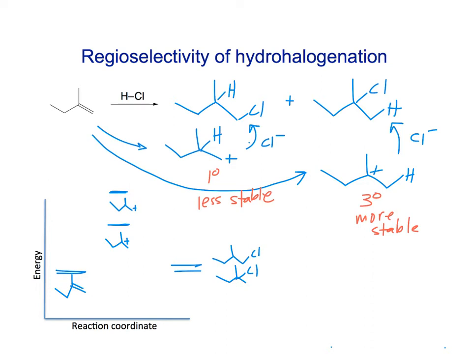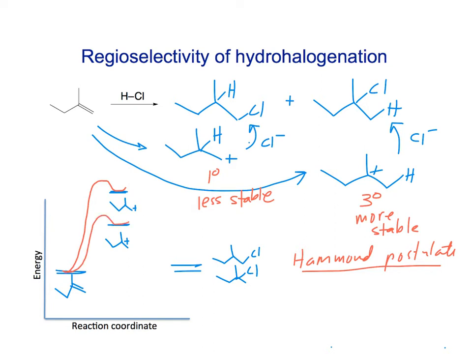We mentioned, and the textbook talked about more than I did, what was called the Hammond postulate, and that's what we need to be able to talk about this situation here. So we know that each of these reaction pathways is going to go over a transition state.